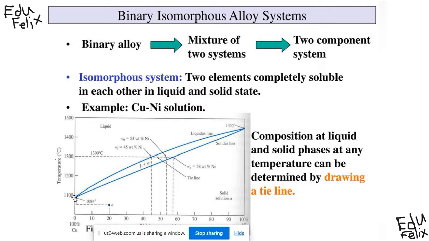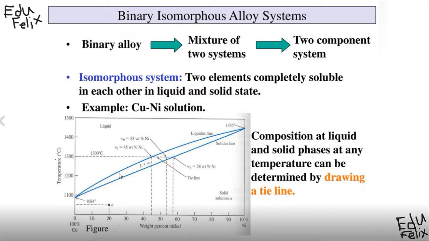From here you see copper 100, nickel 100, you have only a pure line. This is the isomorphous. So in between these, there is no change of this line. That means no other solids are formed. Only copper and nickel, solid solutions. This is the solidus line and this is the liquidus line.